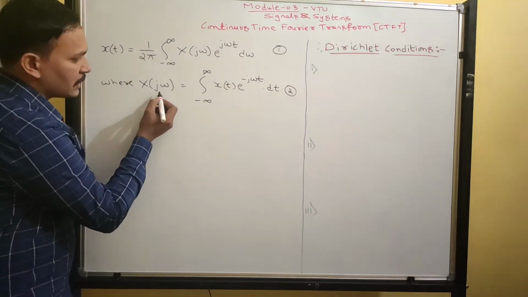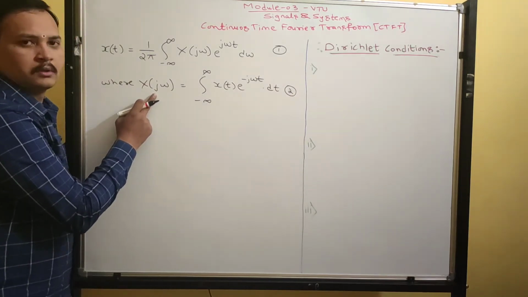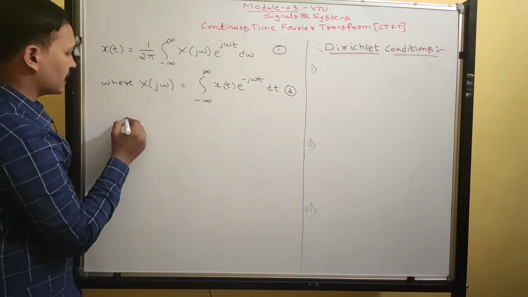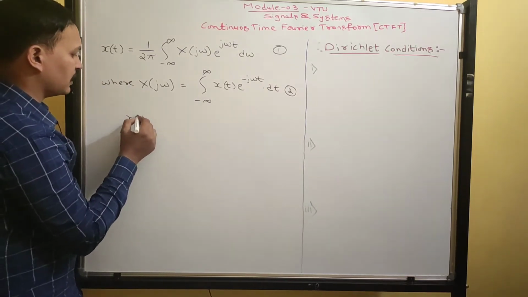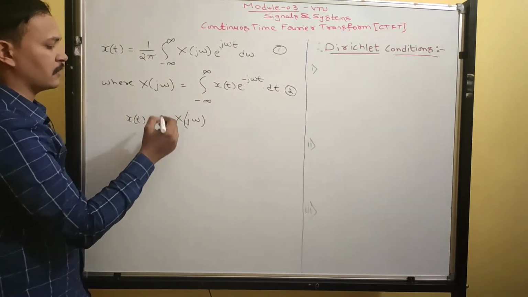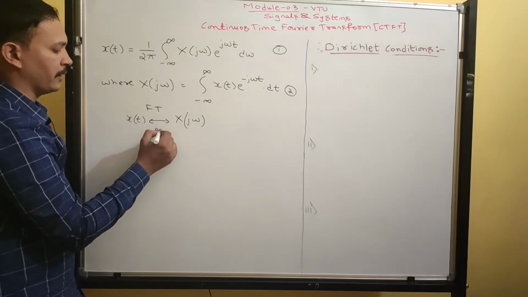See, X of j omega is the Fourier transform of the time domain signal x of t. So alternatively we can say x of t and X of j omega are a Fourier transform pair.